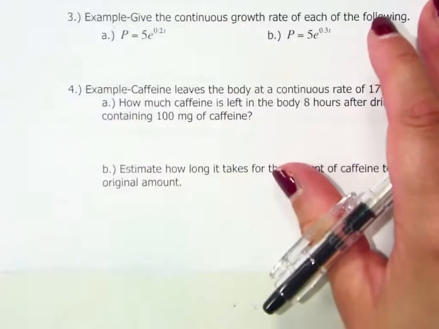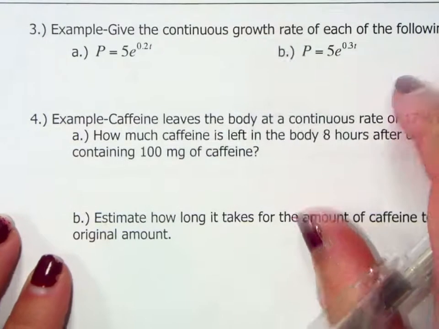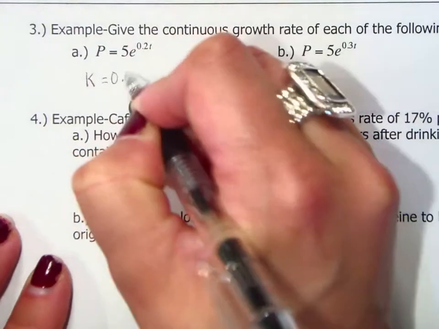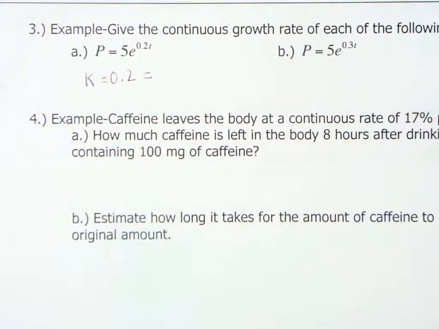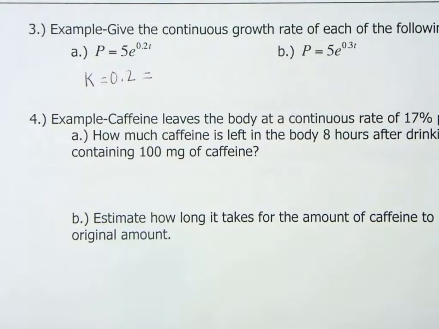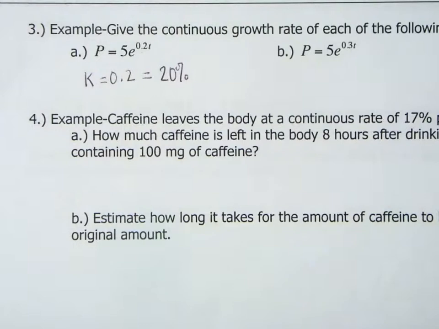So if you look at this first equation, notice that your value of k is 0.2. That translates to what growth rate as a percentage? Yeah, just 20%. Okay? Don't overthink this. It's just, like I said, getting you used to this different notation.